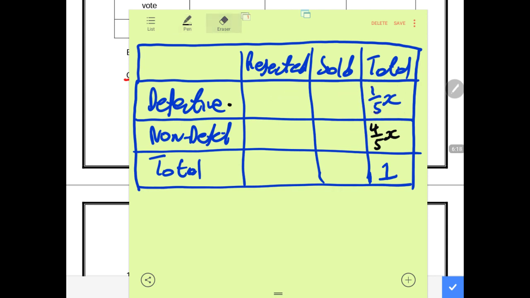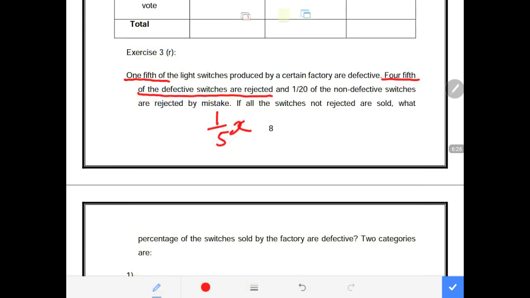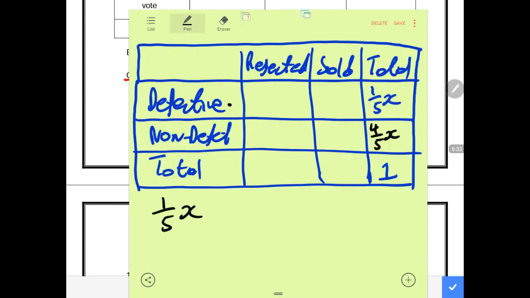I want to put this in numbers now. They say 4/5 of the defective switches. Where are the defective switches? The defective switches are 1/5. So they say 4/5 of the defective switches are rejected.